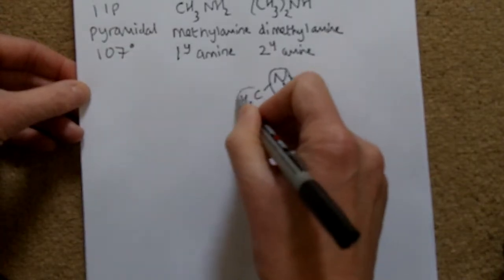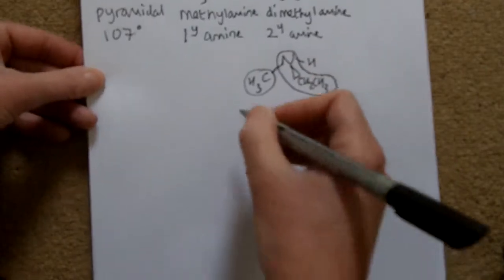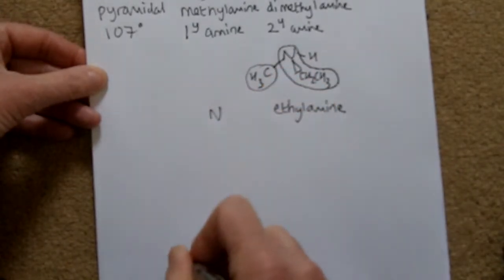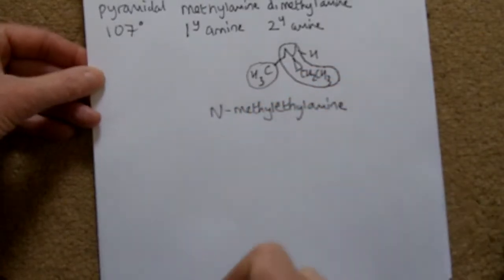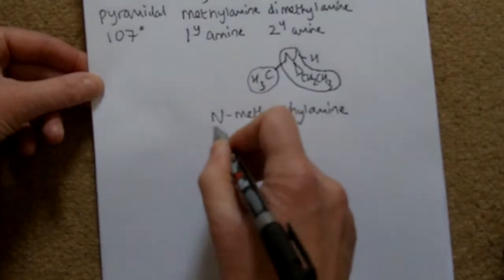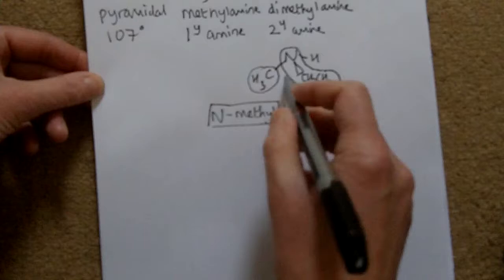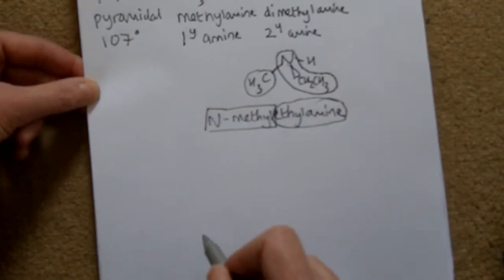And then there is a methyl group, but it's on the N, so you would call it N, capital N, N-methylethylamine. Okay, so that's how you'd name it: the N-methyl, and then the longest chain, ethylamine.